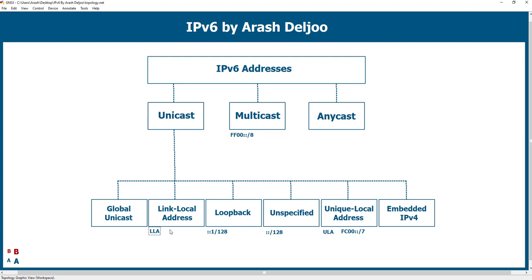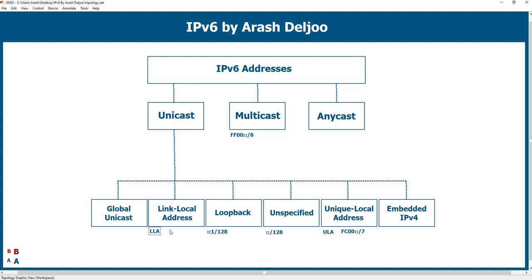Don't forget that we don't have any direct counterpart of link local address in IPv4. This is a new type of unicast IP address that was invented in IPv6, and we can use it only in IPv6.